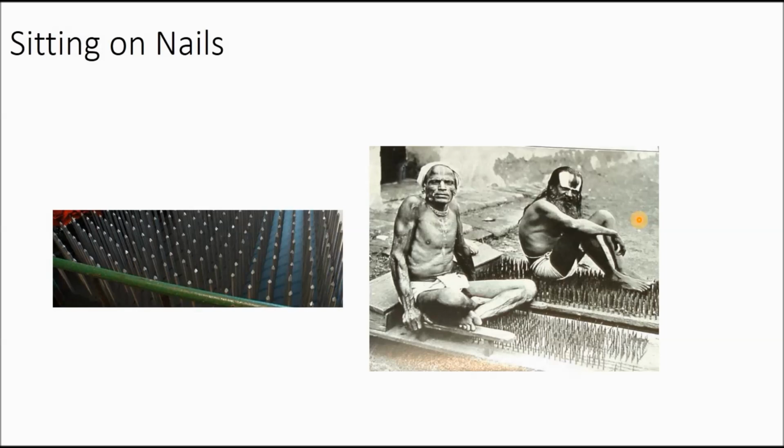You can see that the surface of the nails is uniform in shape. Maybe they are sharp, but if you take the total surface area of these multiple nails, it is more. So if a person sits on this, his load or his weight will be uniformly distributed to all the nails.